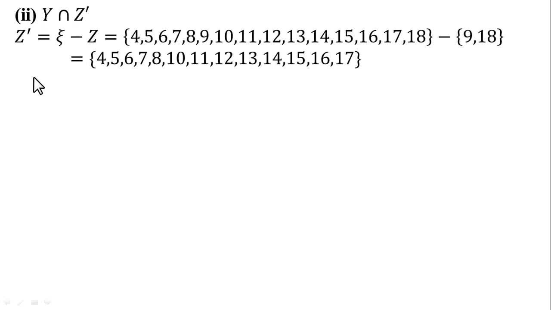Now in the second part, the given statement is Y intersection Z prime. First of all, find the value of Z prime. Now Z prime is equal to universal set minus Z. Now write all the elements of universal set minus elements of Z. In a subtraction, we write the elements of the first set that do not belong to the second set.